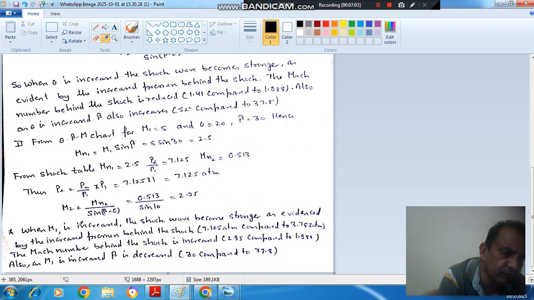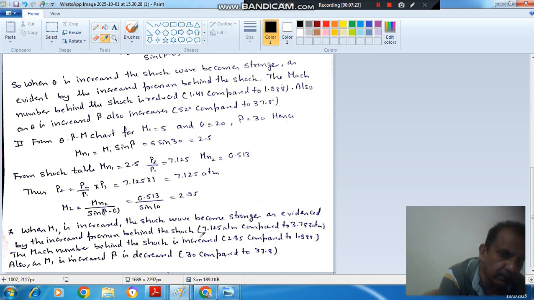So when M1 is increased, we can see that the shock becomes stronger again, because this pressure is more than the previous pressure that we got for M1 equal to 3, that was 3.783.